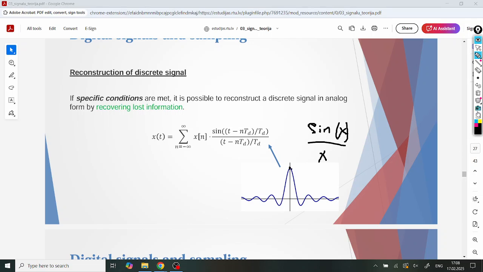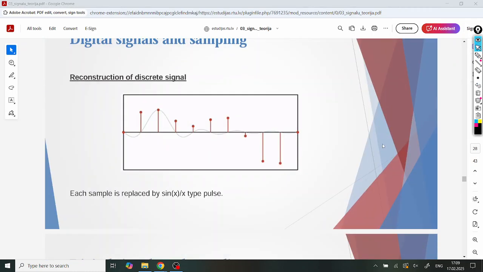It's also remarkable in a sense that it crosses 0 at specific points here and here and here and here and here. And it just happens so that at those specific points are going to be our other samples. So as you can see here, I now have replaced this one sample with this entire function.